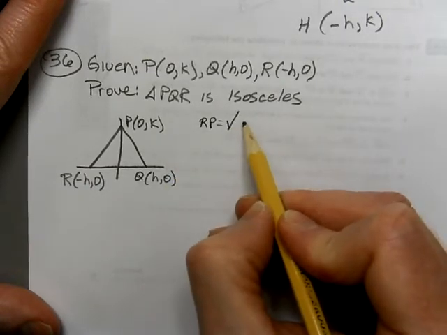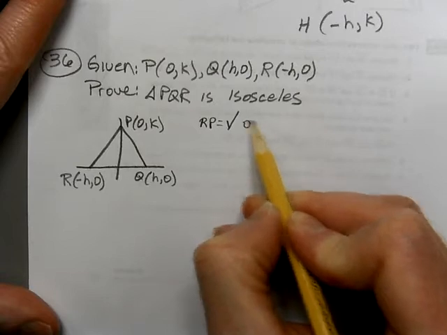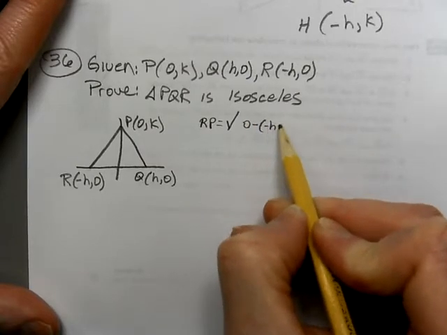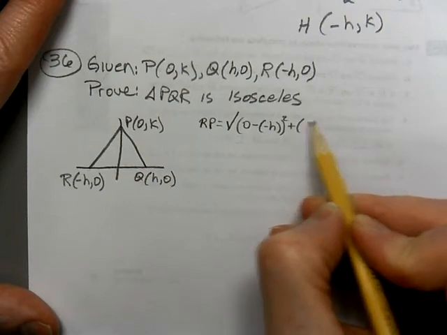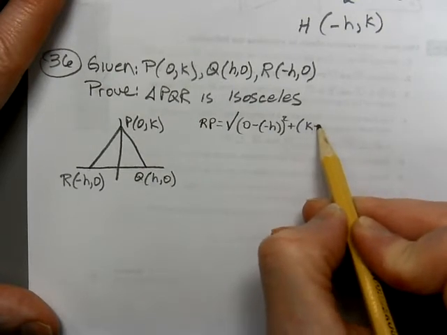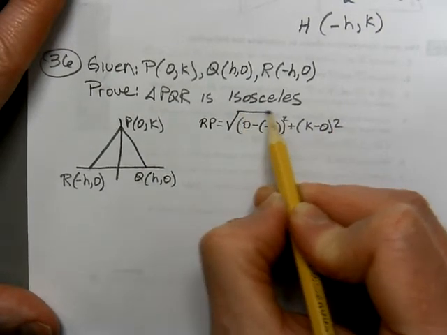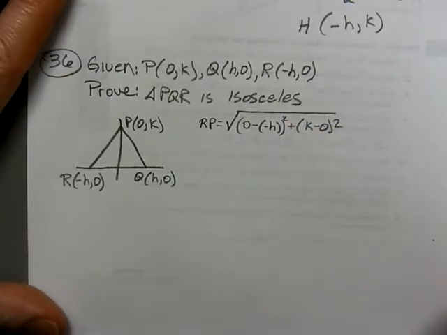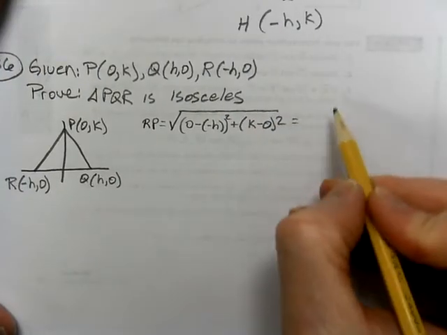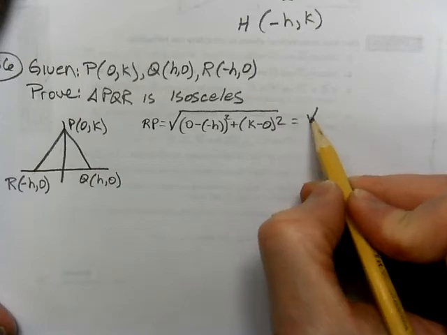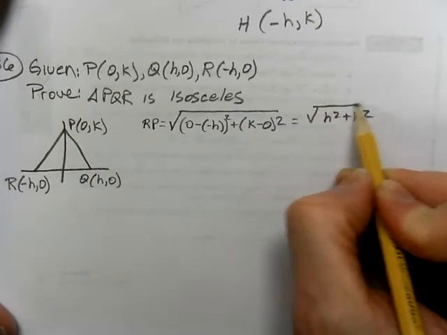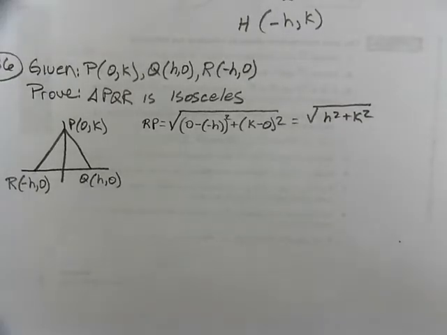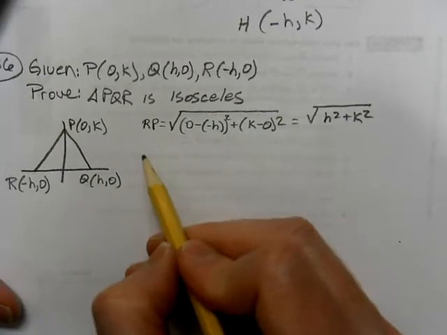So RP takes my x2 minus x1 and y2 minus y1. We'll make that be h squared plus k squared. That can't be simplified at all. That's the length of RP.